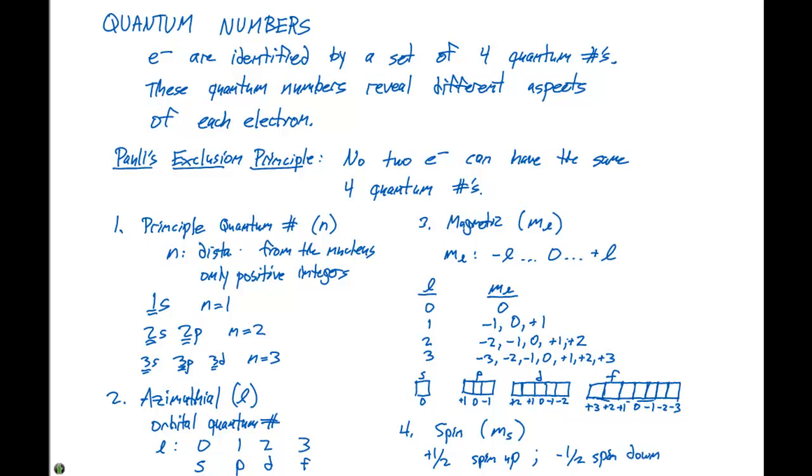By using this set of quantum numbers, we can set up a system where we only have one set of 4 quantum numbers for each electron in a particular atom. In the next video, we'll go over some examples of how that's done for specific atoms.